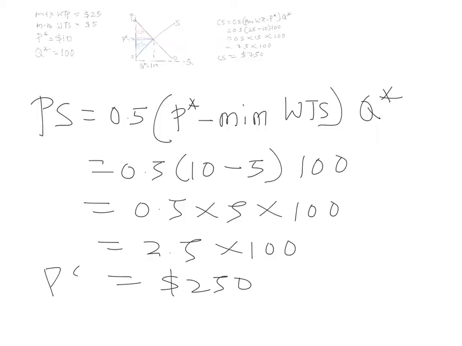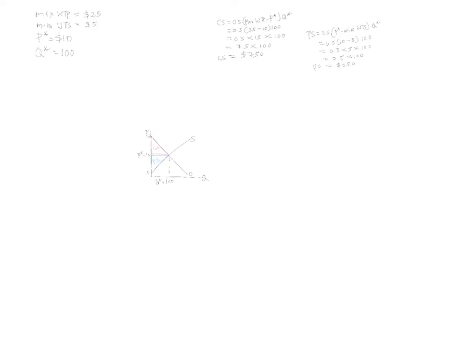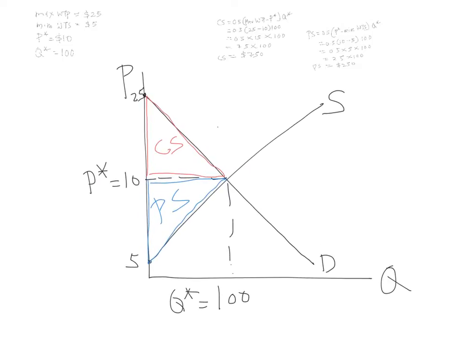So producer surplus is $250. Right? So essentially all we are saying is this red area over here is $750, and this blue area over here is $250. And now we can calculate total welfare, which is consumer surplus plus producer surplus, right?